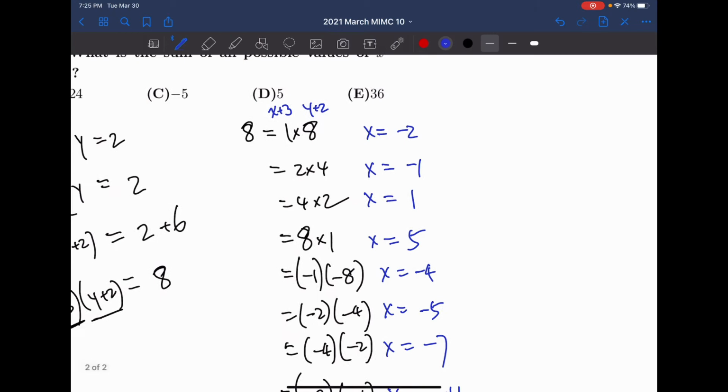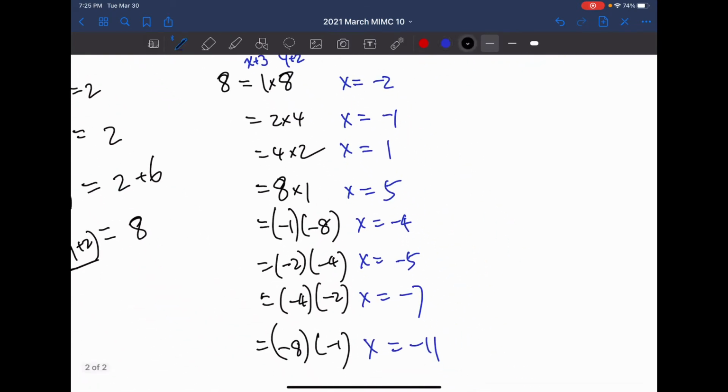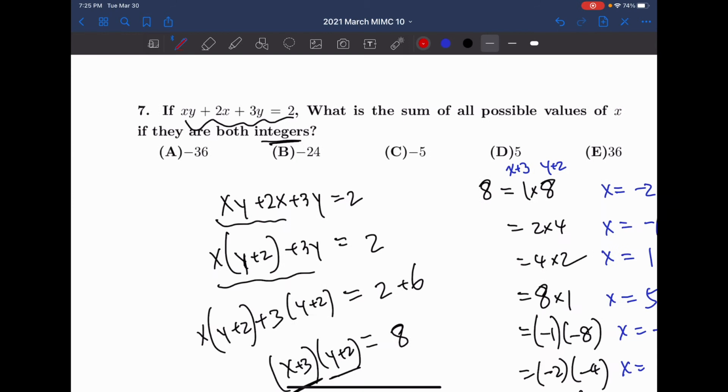And we just need to sum them up now. And all of these sums would be negative 3, negative 2, that is positive 3, negative 1, negative 6, negative 13, and that would be negative 24, giving us the answer choice B.